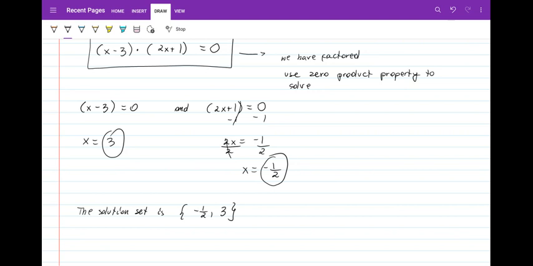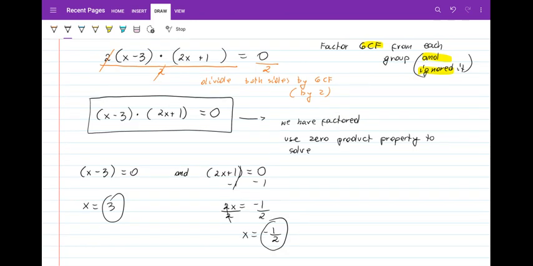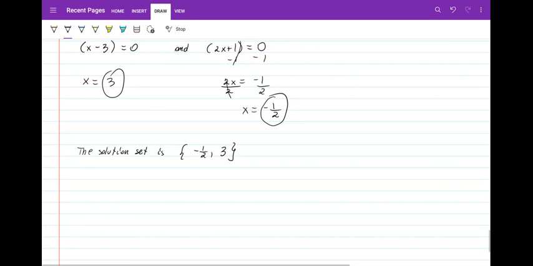So this is how we solve a quadratic equation by factoring, the AC method, sometimes called the Berry method. Again, be aware that not every quadratic equation can be factored using the AC method. We're using the AC method when you have nice quadratic equations. Like you see, the coefficients are integers, so it's easy to find those factors.